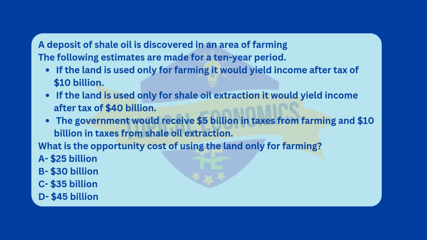When considering the total opportunity cost, we need to account for both the foregone income and the foregone taxes. So, the total opportunity cost is $30 billion income plus $5 billion taxes, which equals $35 billion. Therefore, the correct answer is C, $35 billion.